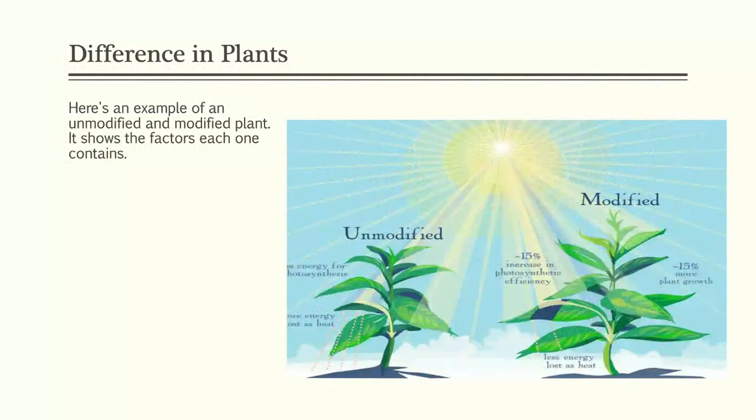In a modified plant, there's a 15% increase in photosynthetic efficiency, less energy is lost as heat, and then there's 15% more plant growth. So it shows that the modified plant is able to receive more nutrients and do the process quicker and more efficiently than the unmodified plant.